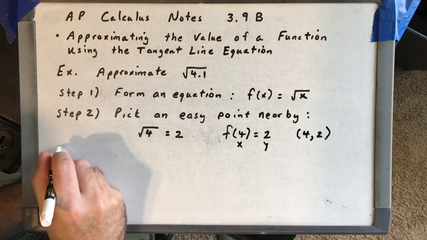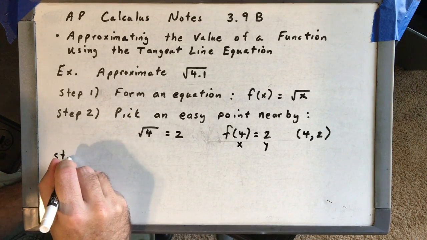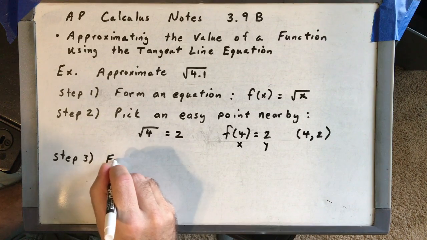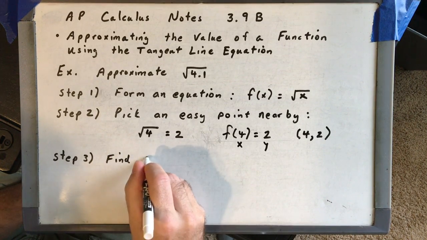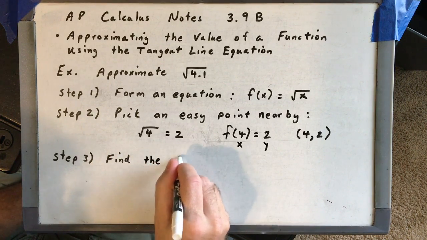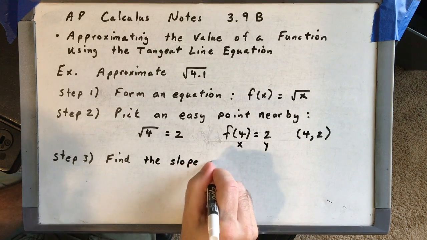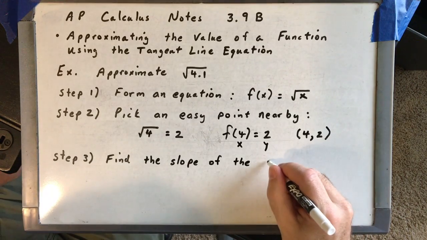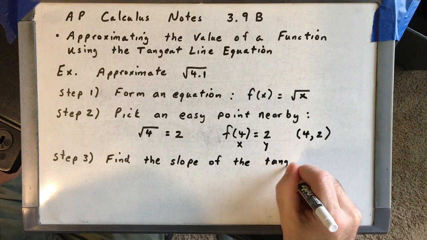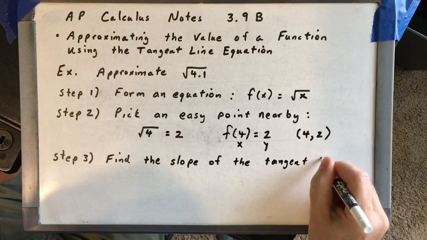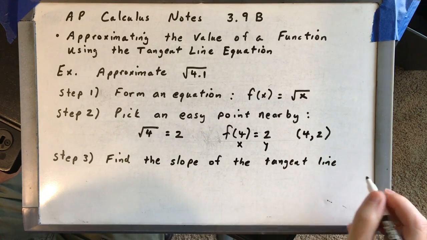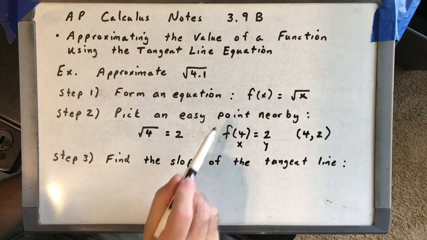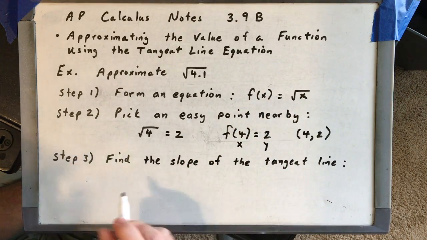All right, our next step is find the slope of the tangent line. Okay. Well, we know how to do that. To get a slope of a tangent line, we're going to take the derivative.